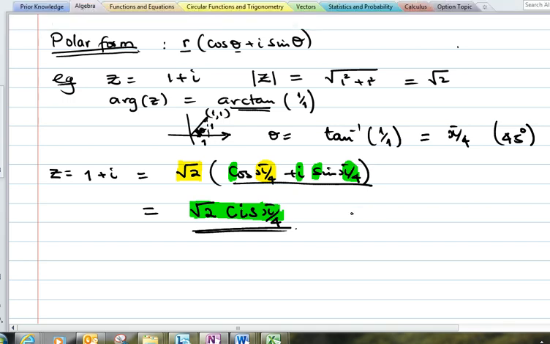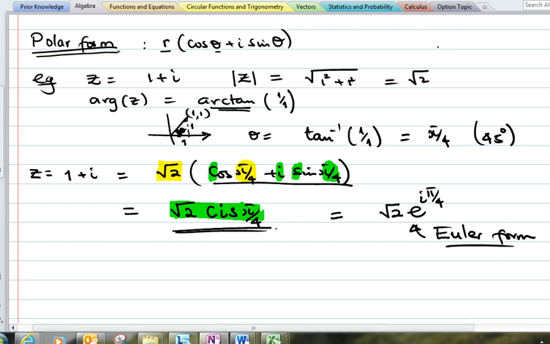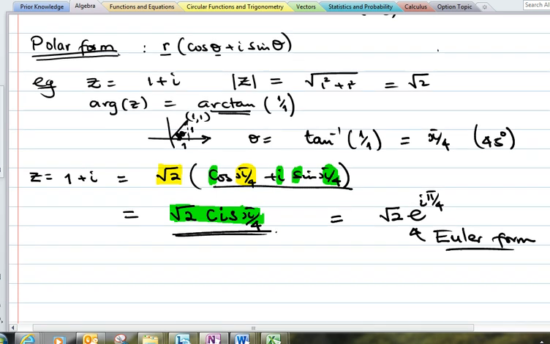This is also sometimes written as root 2 e^(i pi over 4), which is referred to as the Euler form. We will talk about that a little later in the course, but it doesn't hurt to know what it is referred to.